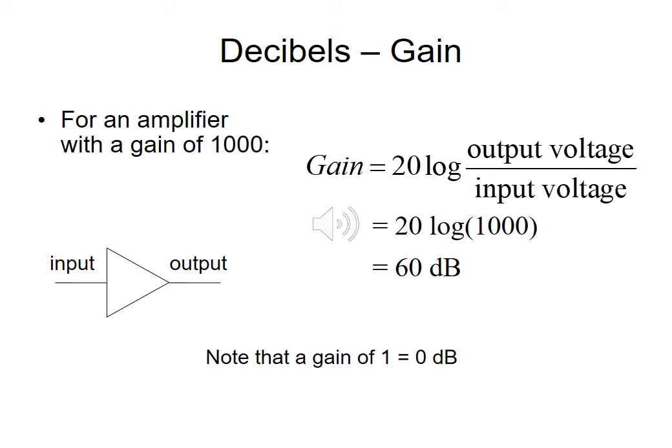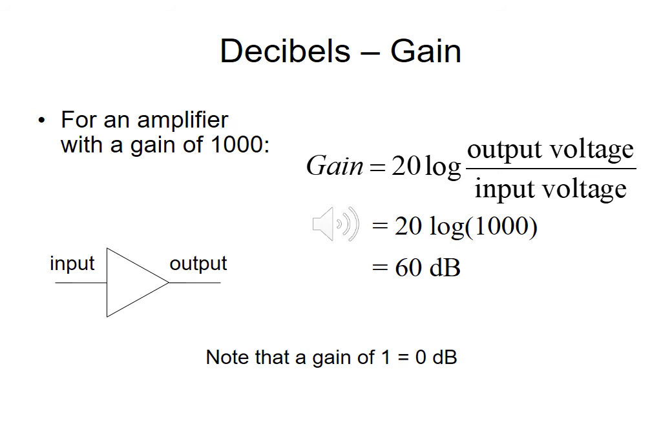dBs are often also used to describe the gains of amplifiers. When we have low-level signals, we typically would amplify them to make them more obvious or of larger levels, such that they can be captured more effectively, ideally with reduced noise levels relative to the given signal.